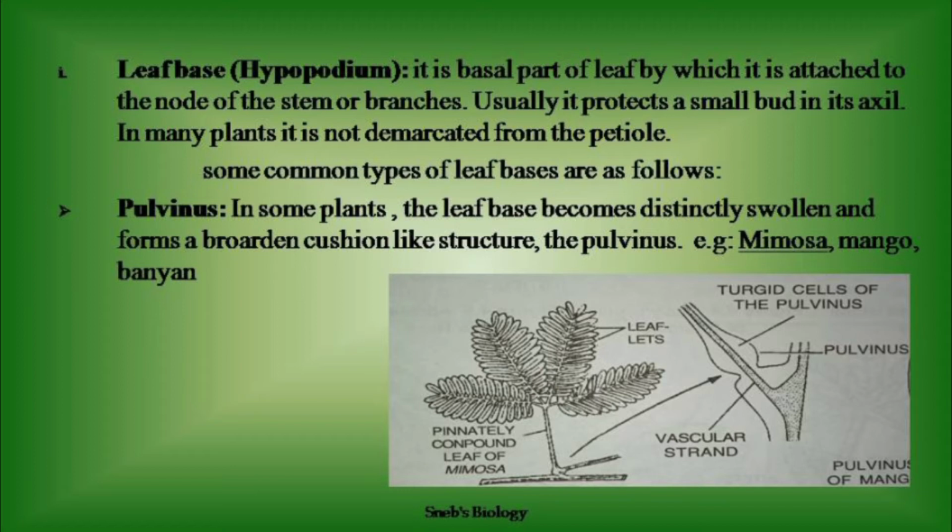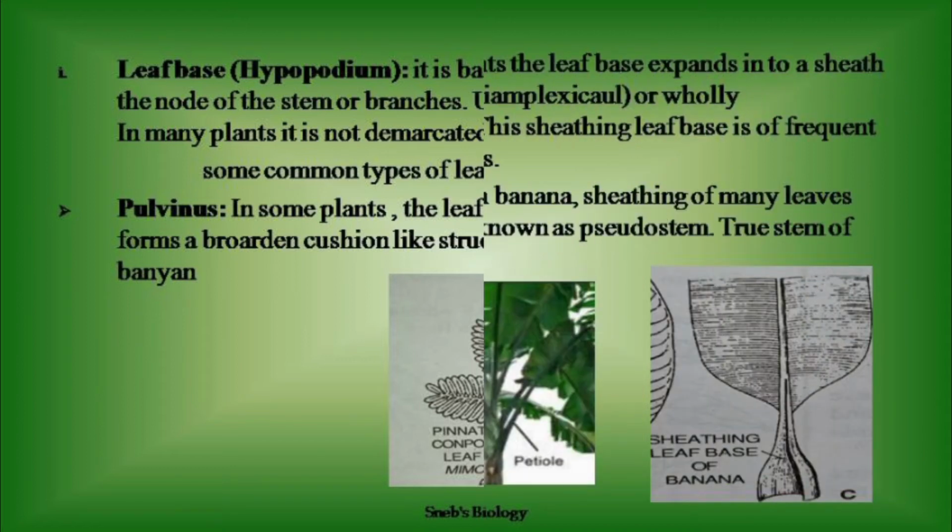It is commonly known as swollen leaf base. For example, in Mimosa pudica, the touch-me-not plant, the movement shown by the leaf is actually due to exosmosis which takes place in this pulvinus. Other examples are mango leaf, banyan leaf, some legumes, etc.